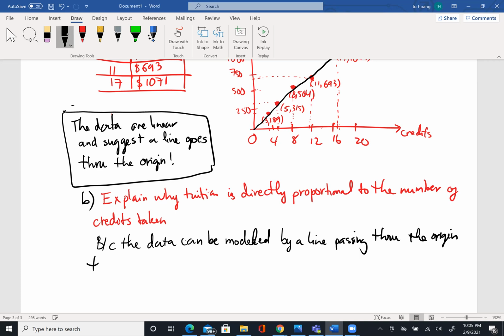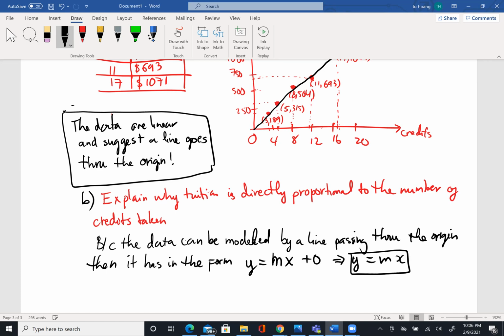then it has the form y equal to mx, because in here b was 0. So y equal to mx plus 0, which is y equal to mx. So this is the form that we are looking for.